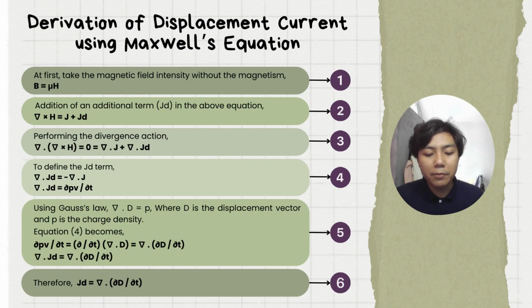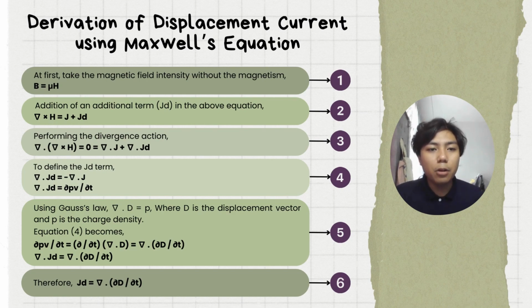And then we perform the divergence action. Div of curl cross H equals 0, and equals div J plus div JD. To define the JD term, we use div JD equal to negative div J, also equal to dρv over dt.